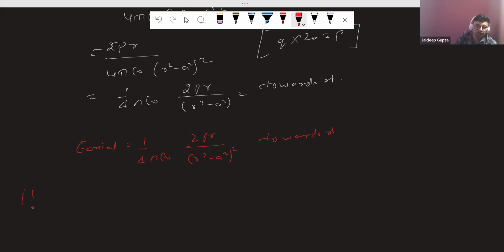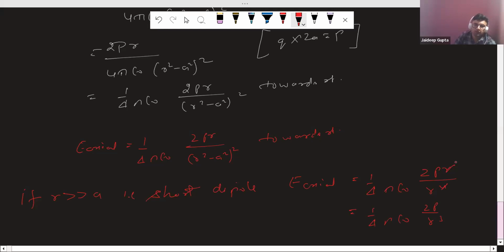Now, if R is much greater than A, that is a short dipole, then electric field E axial equals 1 over 4 epsilon 2 P R over R to the 4. So 1 over 4 epsilon 2 P over R cube.